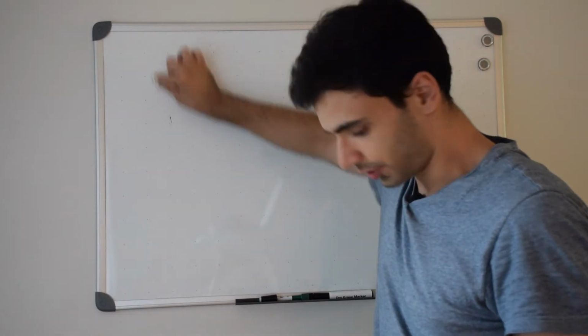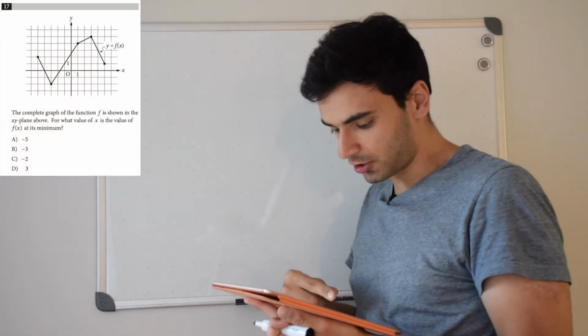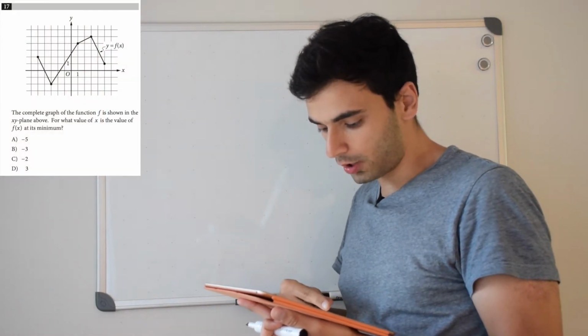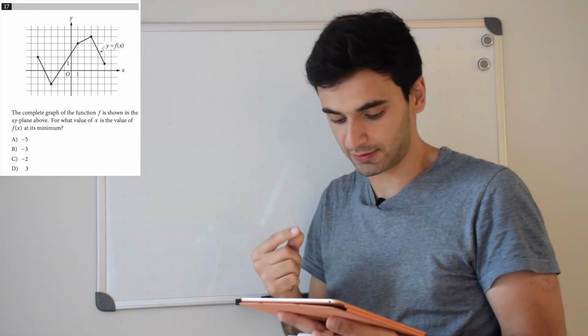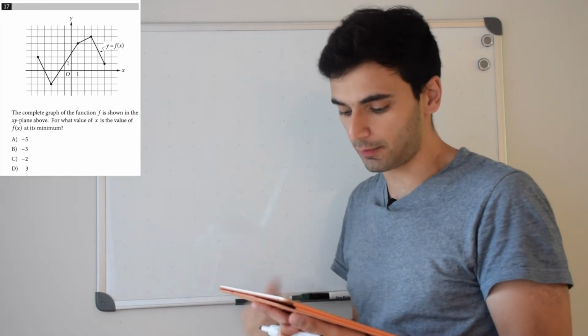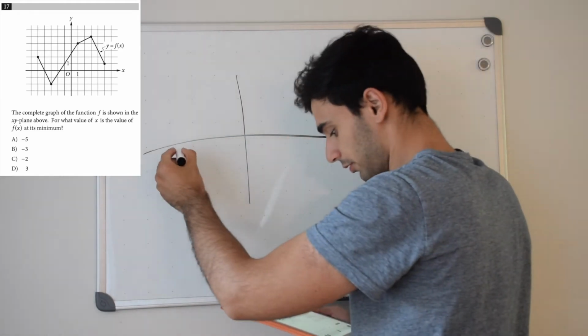The next question: the complete graph of the function f is shown in the xy-plane above. For what value of x is the value of f(x) at its minimum? So where is f(x) the minimum? That's a graph, I'm just going to draw it here.